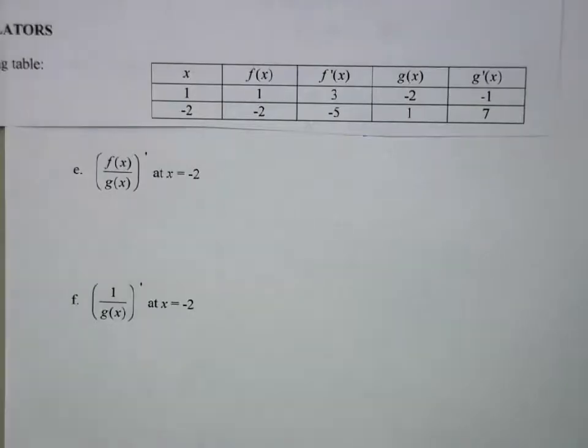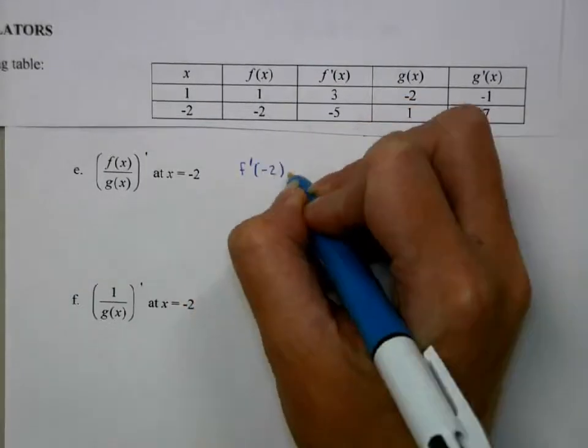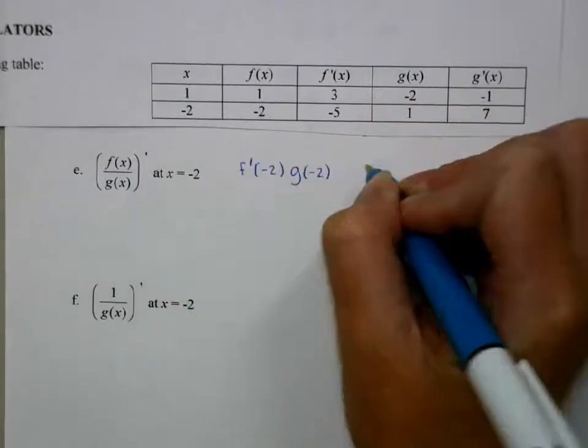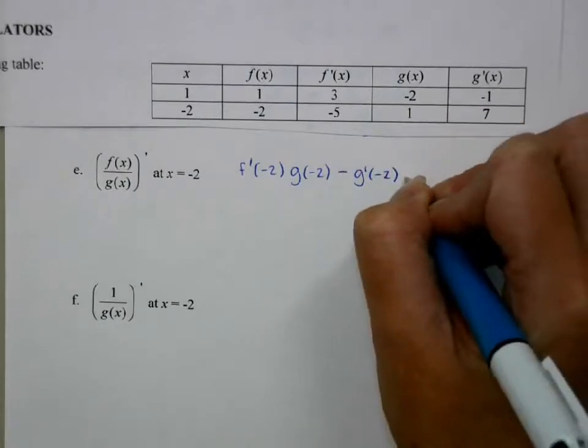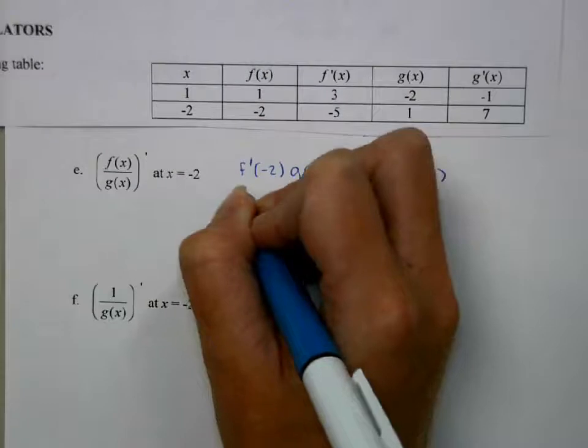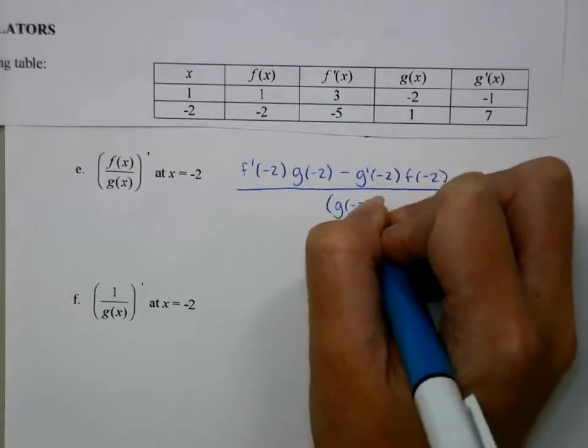Next we have a quotient. So this is going to be f prime of -2, g of -2, minus g prime of -2, f of -2, all over g of -2 squared.